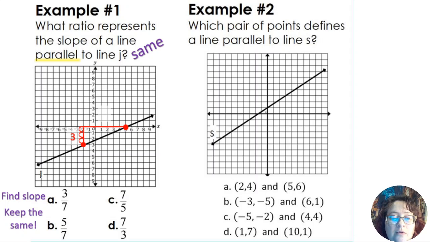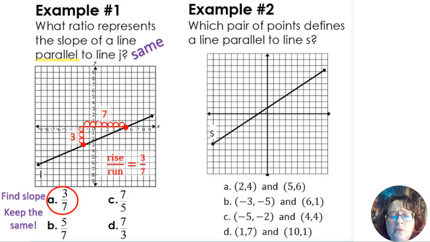And then I'm going to count 1, 2, 3, 4, 5, 6, 7. So I have 7 across. My slope is rise over run, or 3 over 7. That doesn't simplify any. I want to keep it the same. So 3 over 7 is my answer.